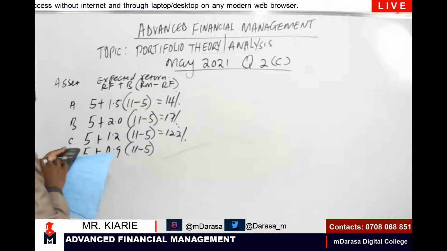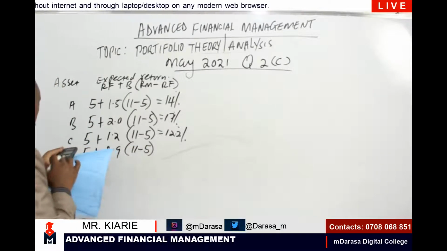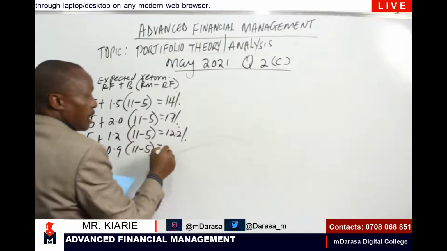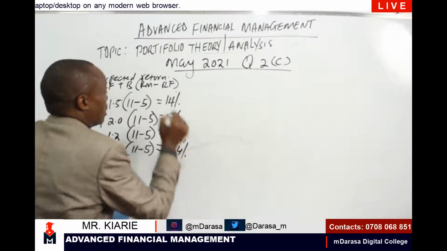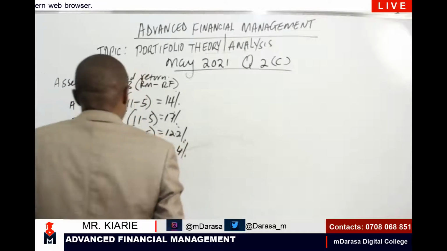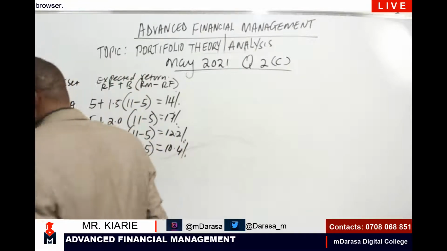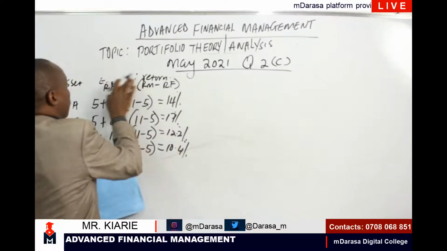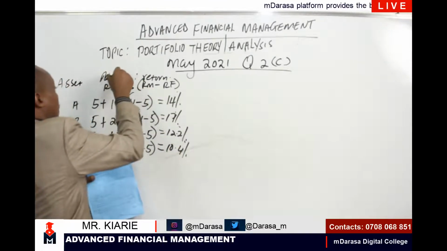This gives me 0.9 times 6 plus 5, which is 10.4%. Then we have the current return. This was the required rate of return.